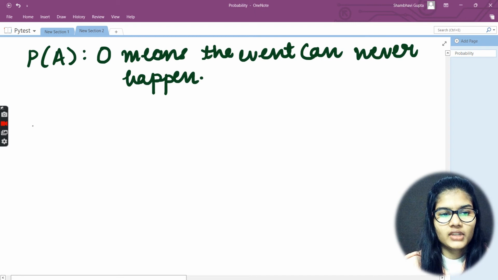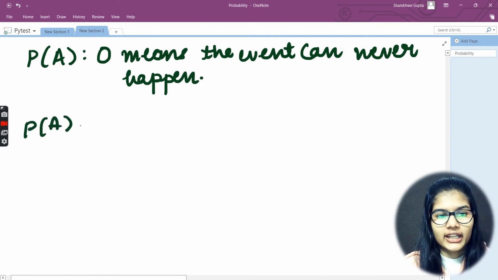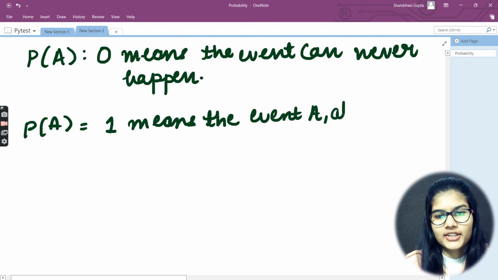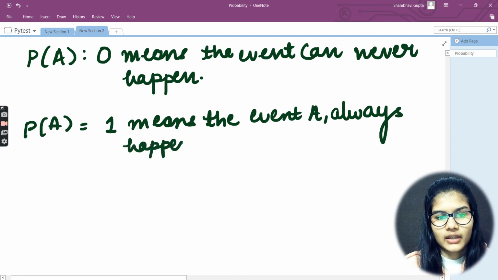Now if the probability of A is equal to 1, it means the event A always happens.